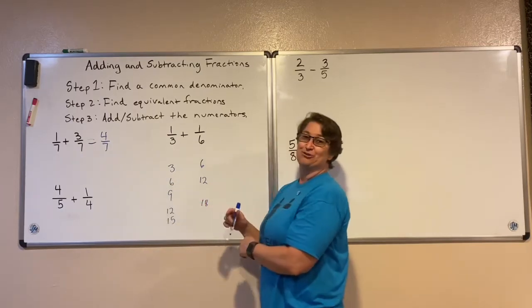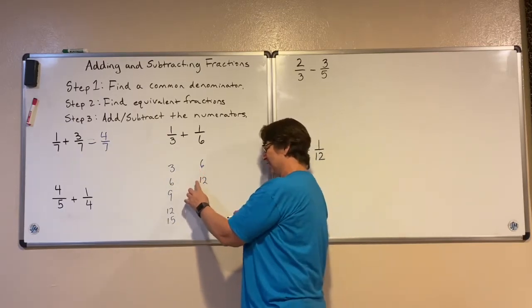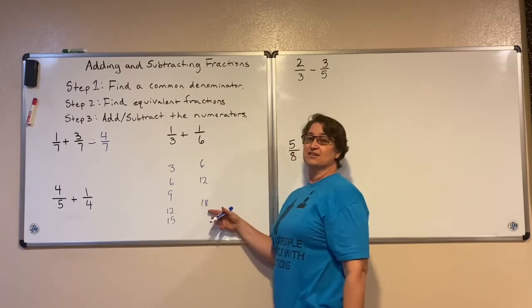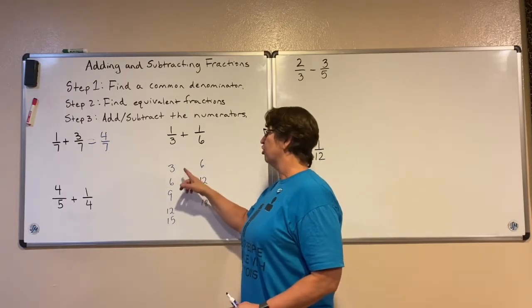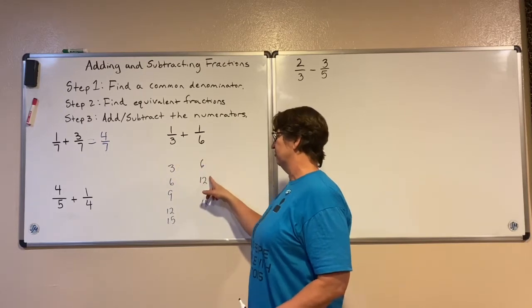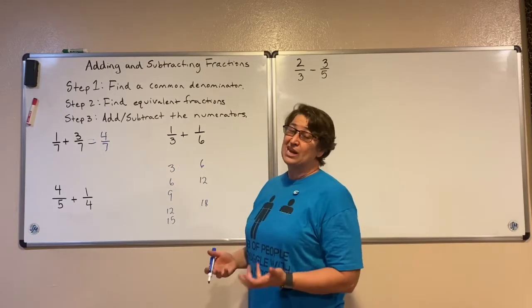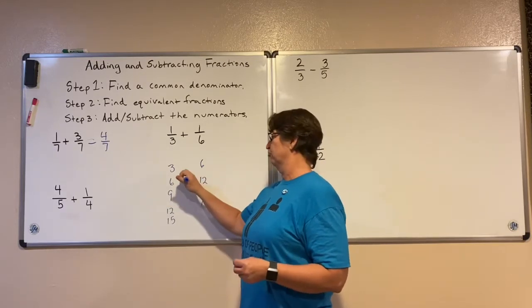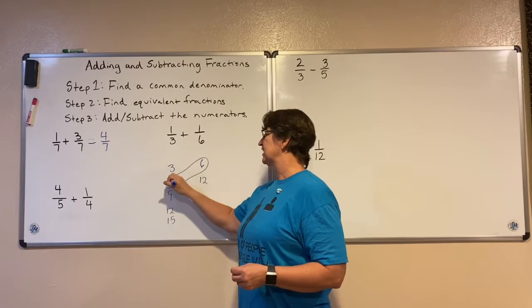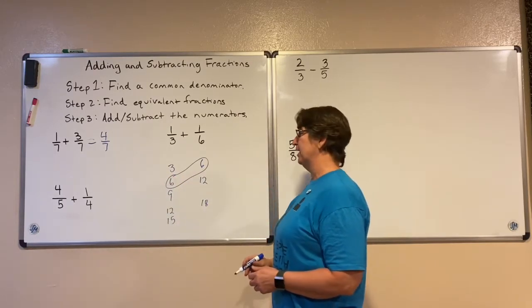So no, we can't use 15. We can use 6, 12, we could use 18 because that's also a multiple of 3. So you're looking for a multiple of 3 and a multiple of 6. But we would really like to use the smallest of those or the least common multiple. So I'm going to use 6 as my common denominator.